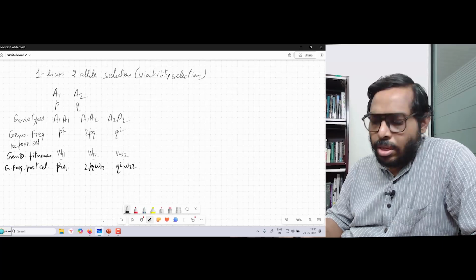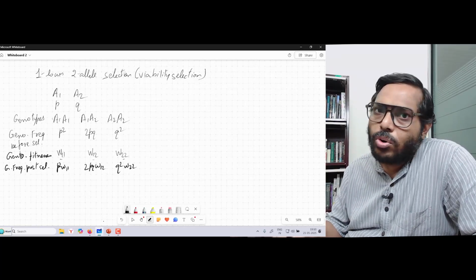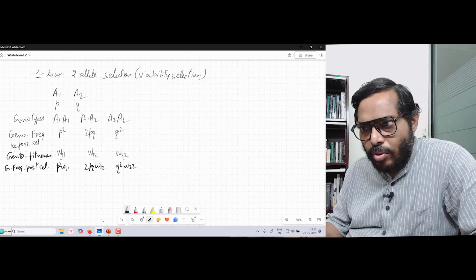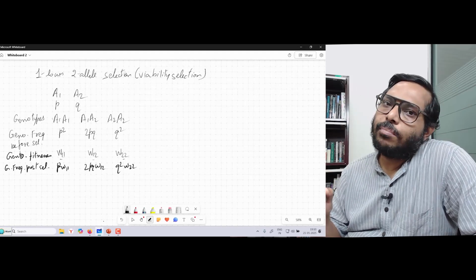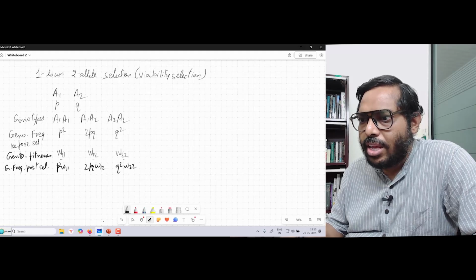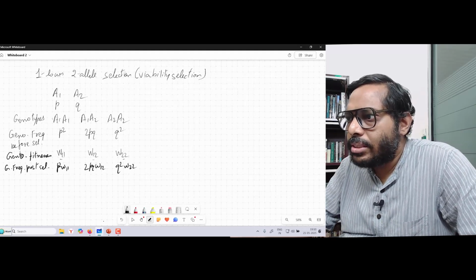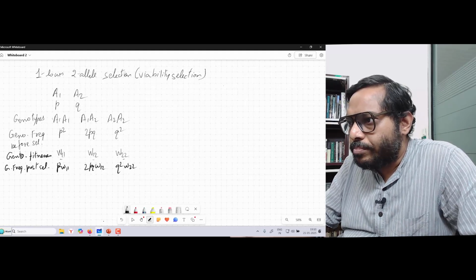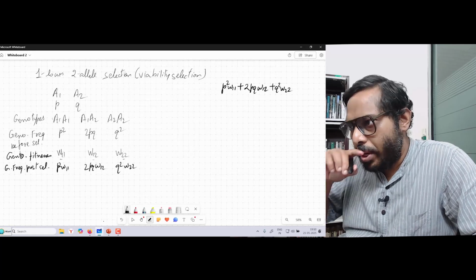Now, as we saw yesterday during the simulation, these are not going to sum to 1, and therefore we need to do some scaling so that all 3 frequencies sum to 1. What is that scaling? It is essentially dividing each one of them by this sum. What is this sum? This is P square W11 plus 2PQ W12 plus Q square W22, right?